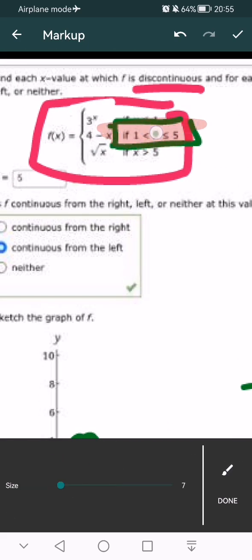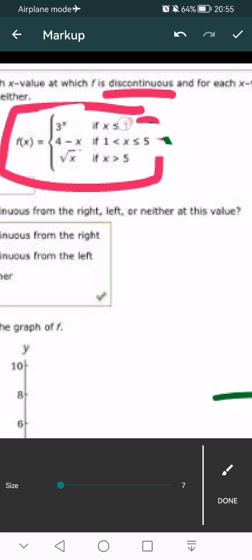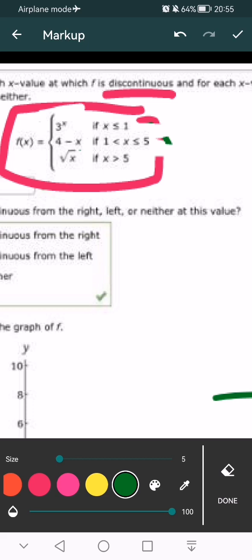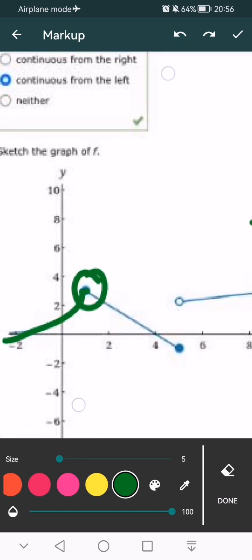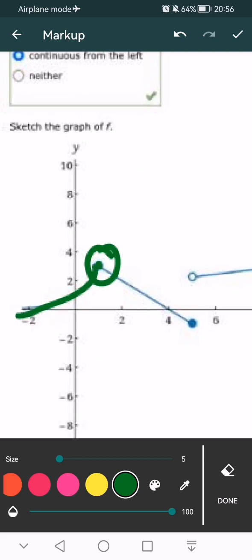So I have less than or equal to 1, and I have 1 greater than, less than 1, greater than 1. So greater than, less than, there is already an equal, so there is already a closed circle. So when I draw, I will draw on the circle.